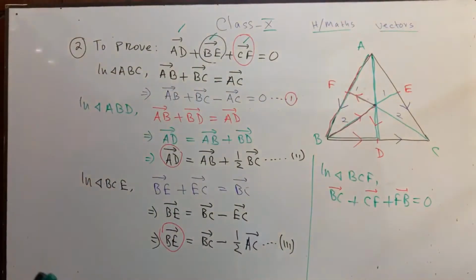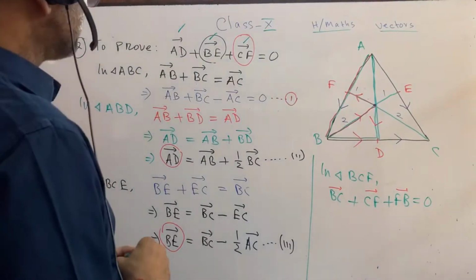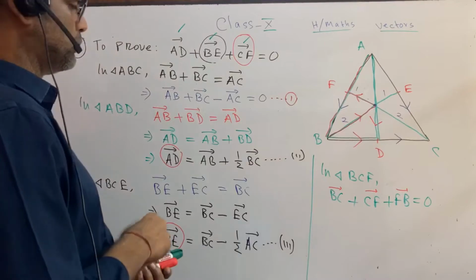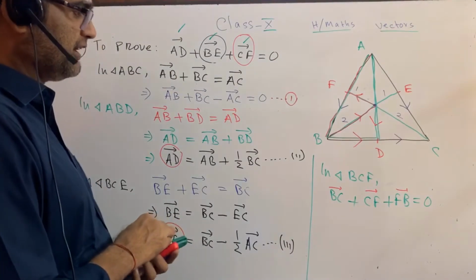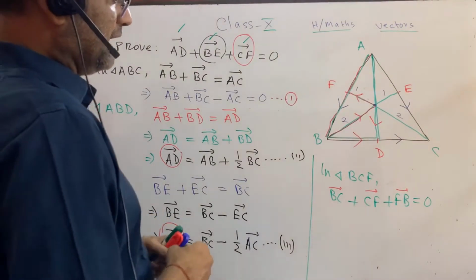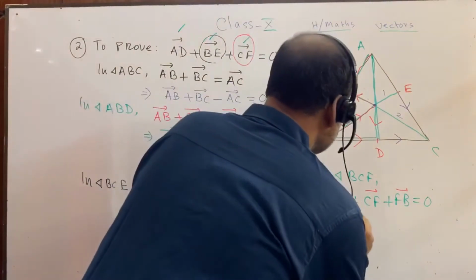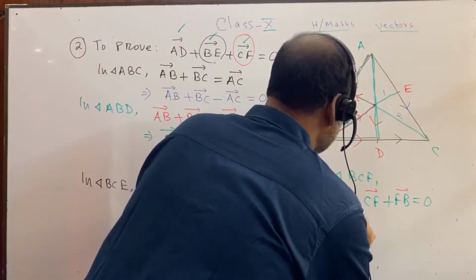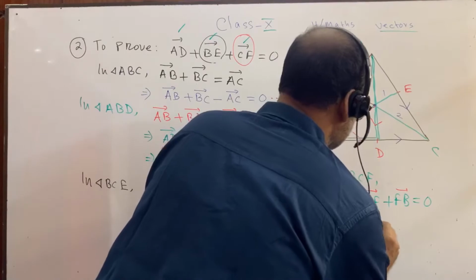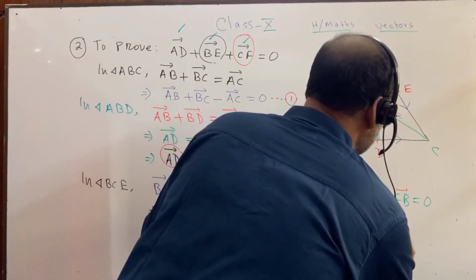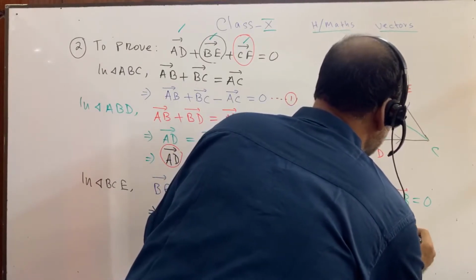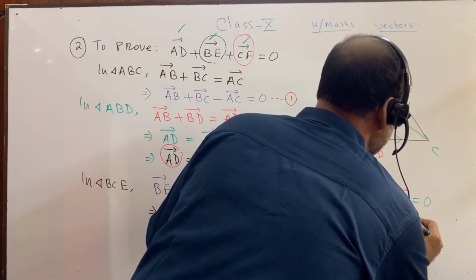Now from here I have to find CF as per the requirement of the proof. So write down, CF equals to what? CF equals to minus BC minus FB.